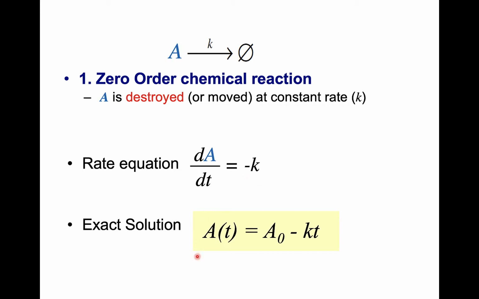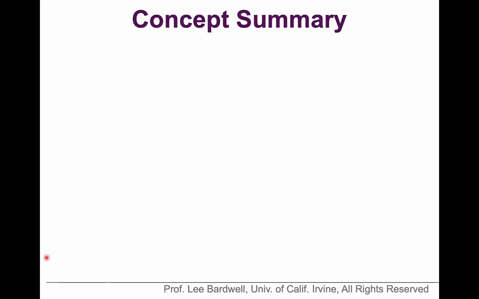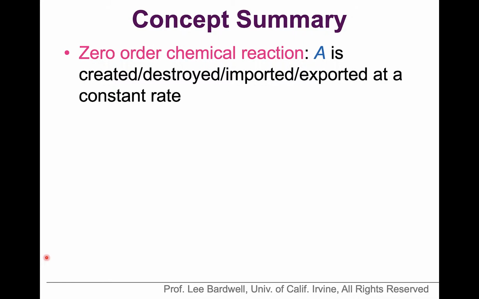And the exact solution would be A at any time t is given by the amount you started with minus K times t. Of course, we'd have to put conditions on that so that the value of A, which we're imagining to be a protein or a transcript or some other chemical species, could not become negative, because that would be ridiculous.